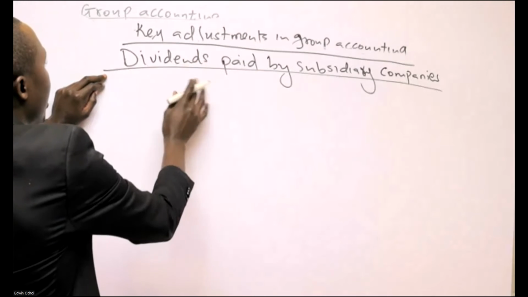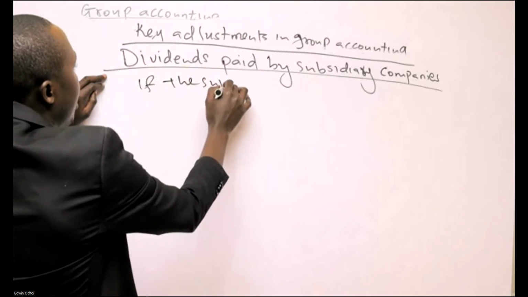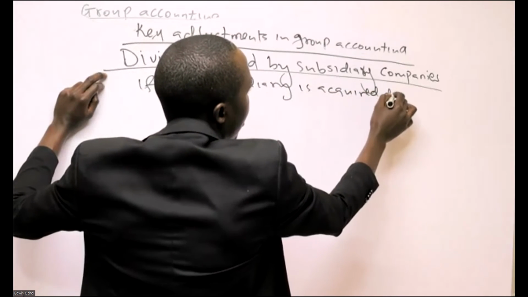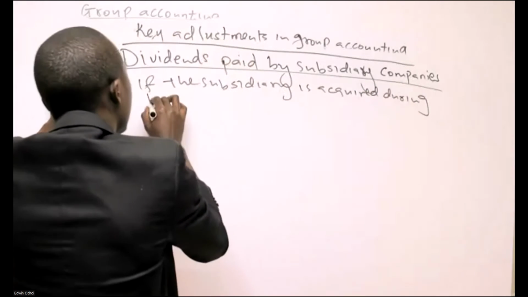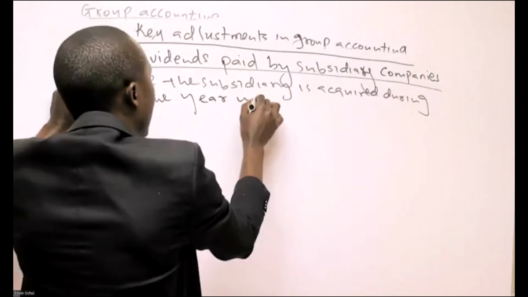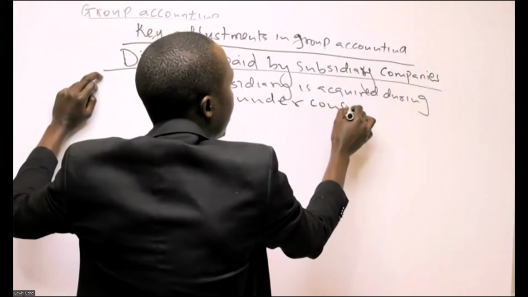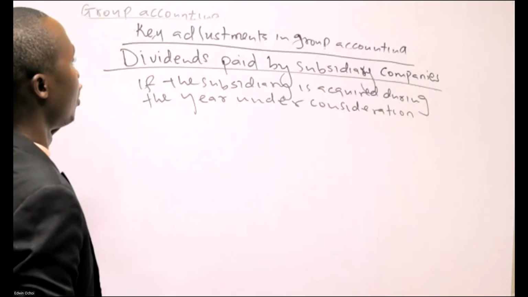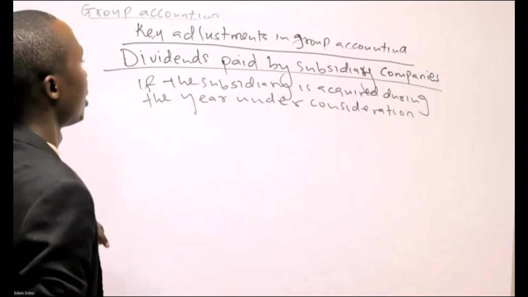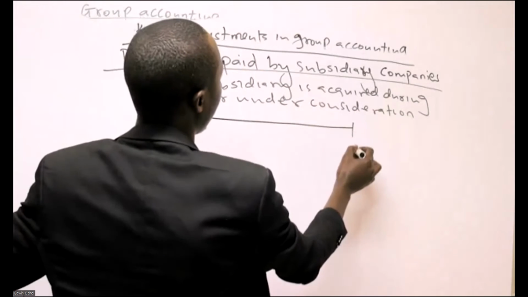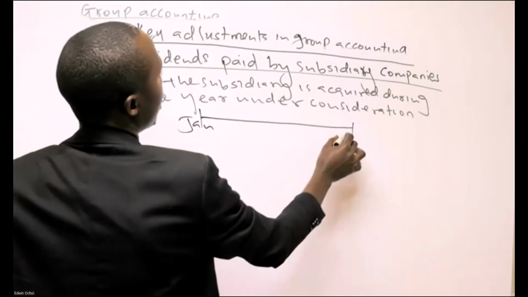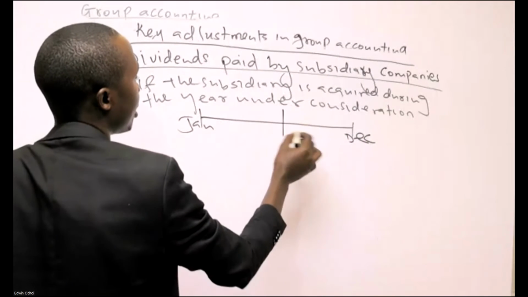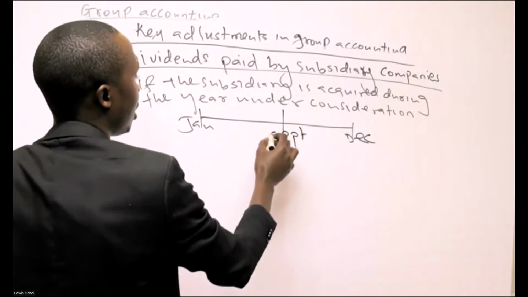This one will only be applicable if the subsidiary is acquired during the year under consideration, meaning that if our financial year was running from January to December, for us to use these dividends paid by the subsidiary, our subsidiary must have been acquired somewhere, let's say 1st September there during the year.